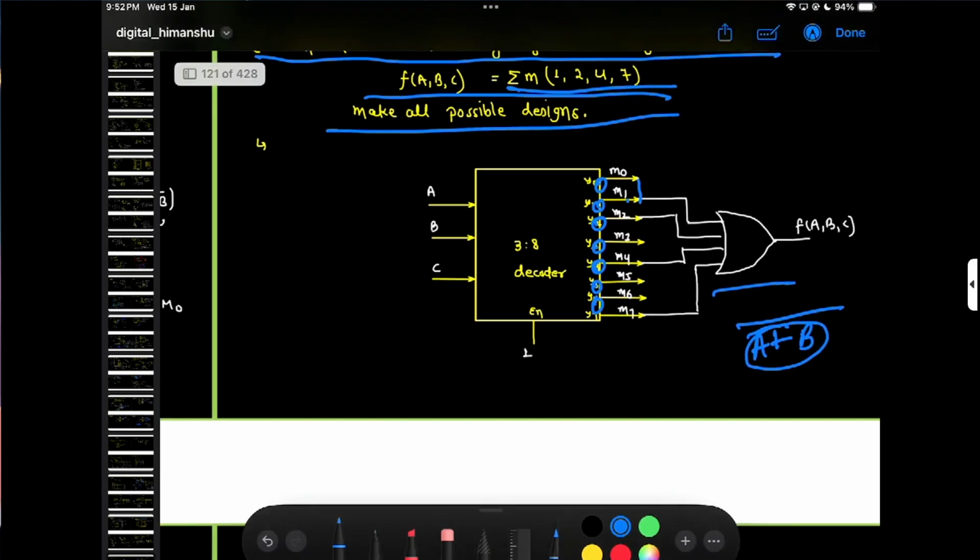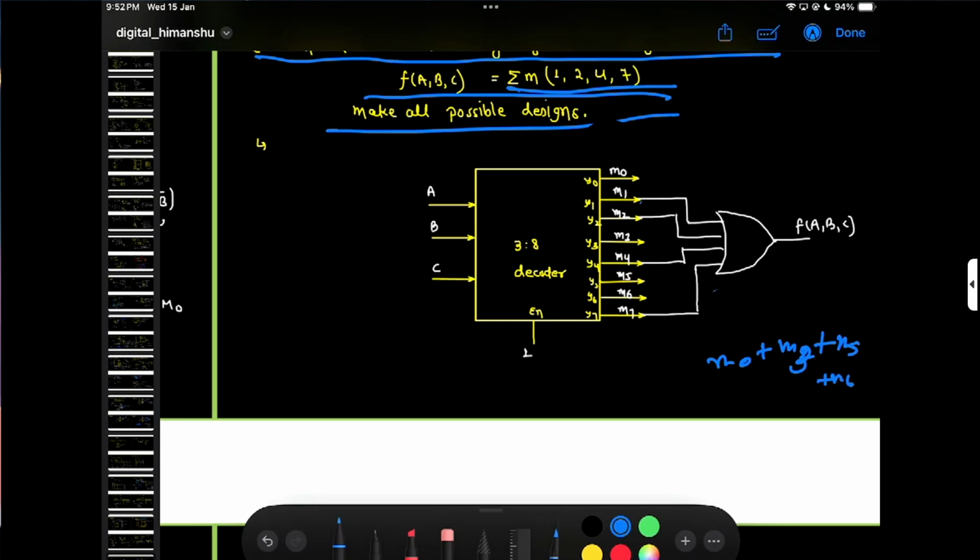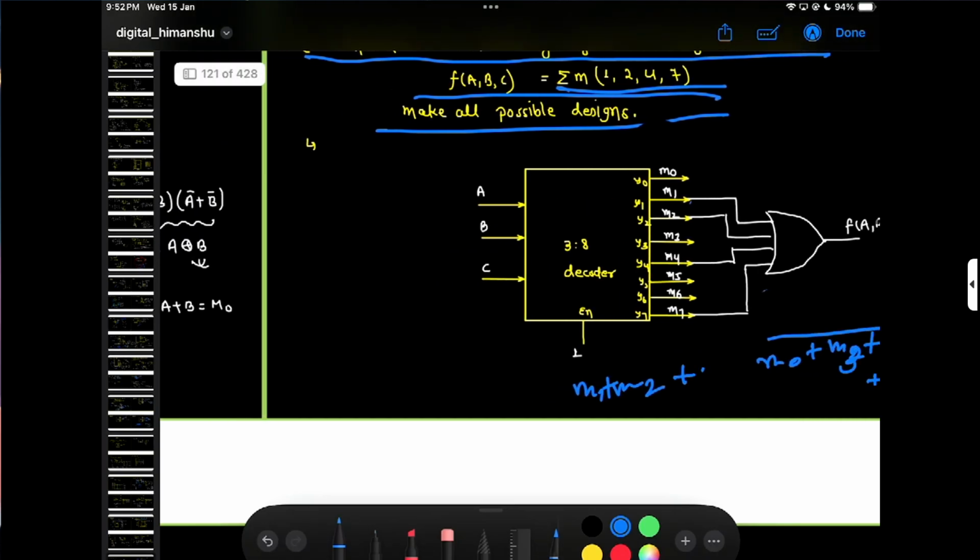Suppose my function also can be represented directly. If my active low output has m3, m5, m6, then if we take the bar we get m1 plus m2 plus m4 plus m7.